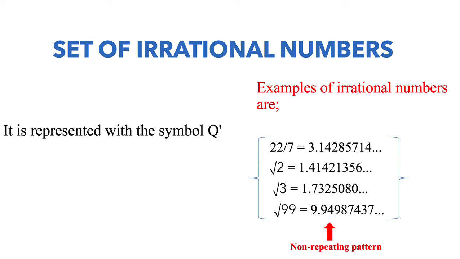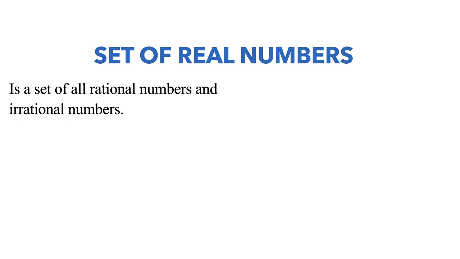I'll show us the last set of numbers, which is called the set of real numbers. Now guys, all rational numbers and irrational numbers are regarded as real numbers. That means natural numbers, whole numbers, integers, rational numbers, they are all regarded as real numbers.